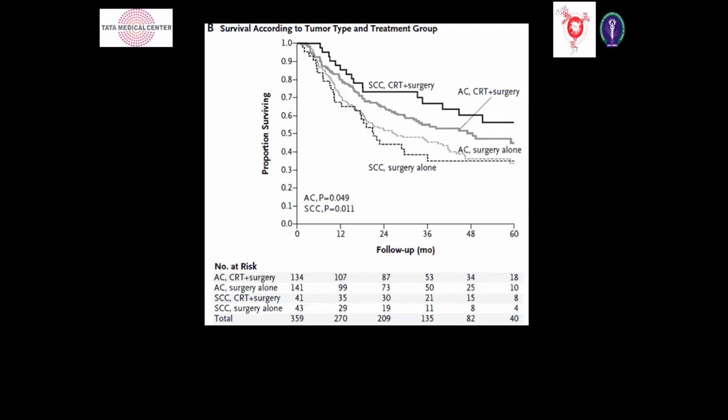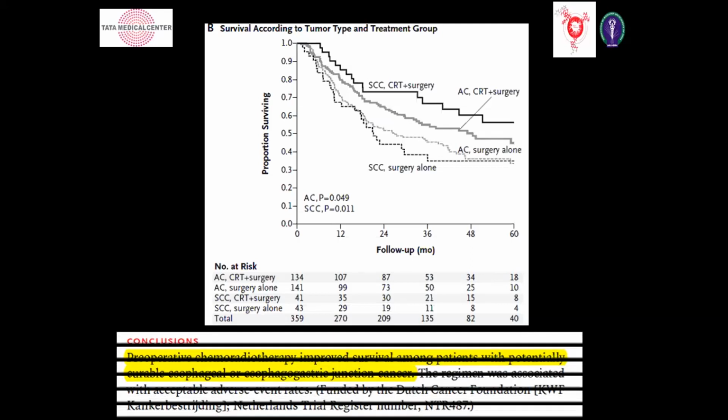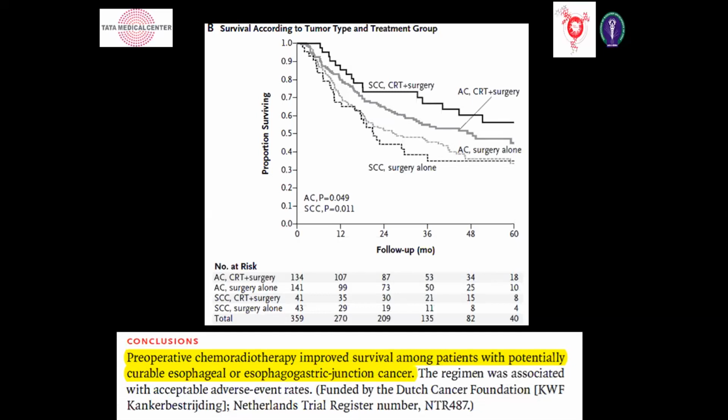So it's not that adeno does not respond to chemoradiotherapy, but squamous responds more than adeno. So this was the conclusion.